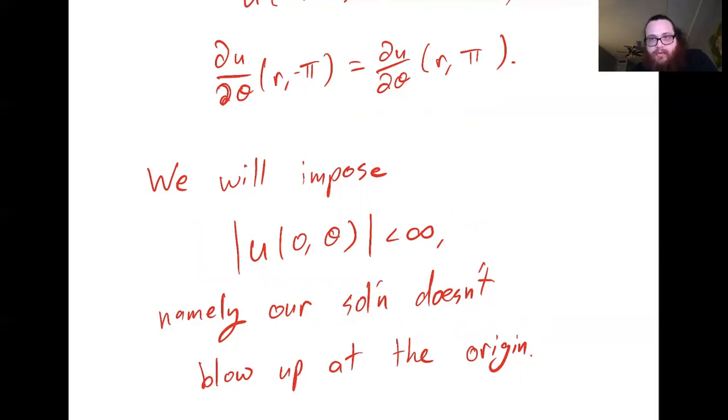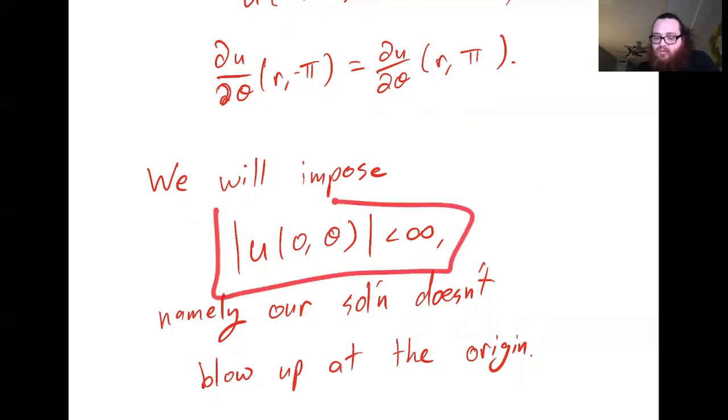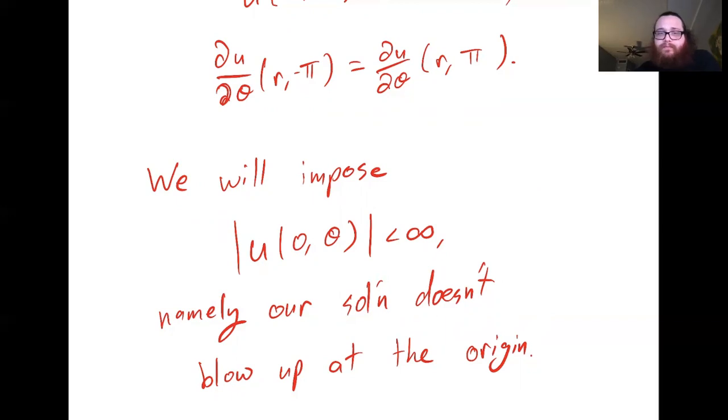In practice, when we actually go to compute solutions, this condition will show up to be rather indispensable, and we'll see that a little more explicitly. You could say that's obvious, we don't want our solution to blow up, but this is something we have to impose pretty directly for this problem to have solutions that we would expect to see physically.